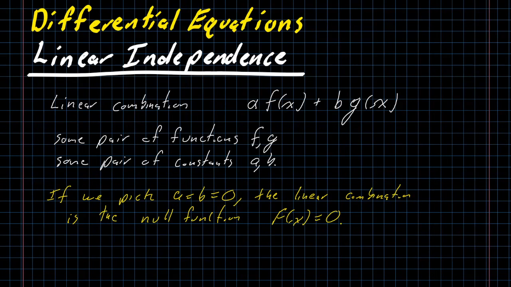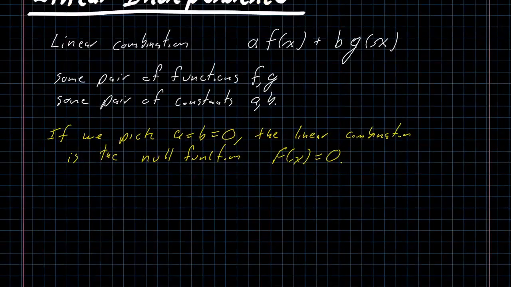Put anything into the function, it spits out 0. It is the most boring function imaginable. And if we pick a and b equal to 0, then we get this.